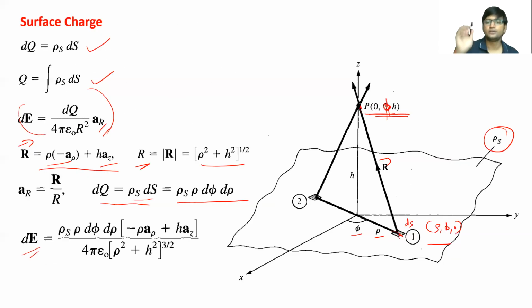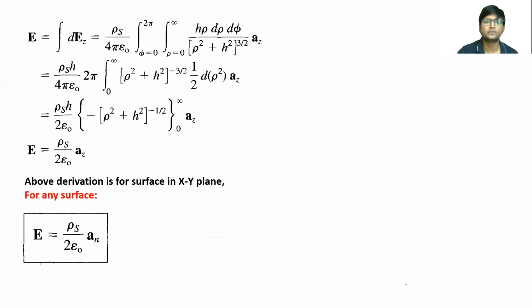If you want to take the integral of this surface in cylindrical coordinates, you will have to vary the phi angle from 0 to 360 degrees, right? And you will have to vary rho from 0 to infinity, because the surface is infinite. This is why I have taken the limits of this surface as 0 to 2 pi for phi and 0 to infinity for rho.